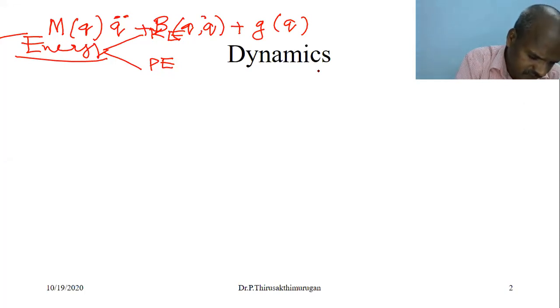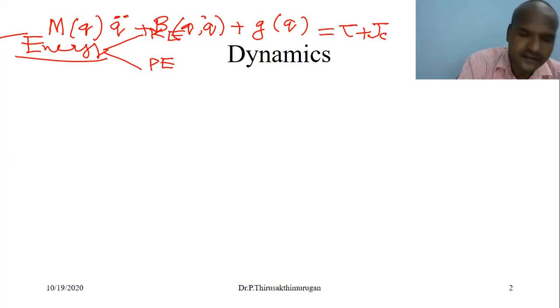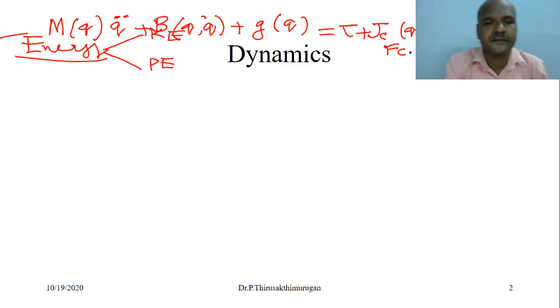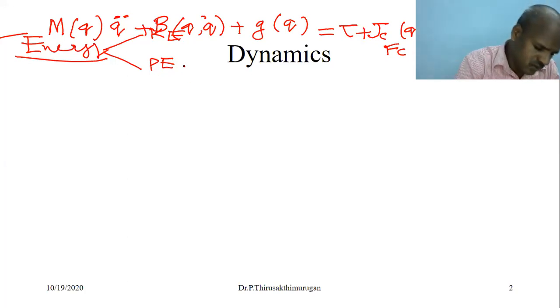This equals tau plus J transpose of q into Fc. Actually, what is M of q? M of q is the generalized representation of mass.